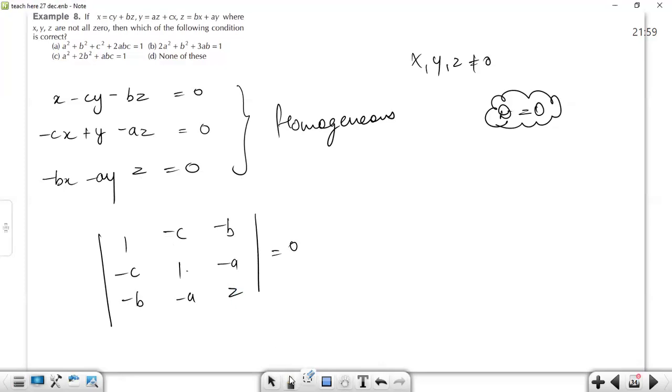Sorry, we only have to consider the coefficient of z, which is 1. So I'll just substitute some values of a, b, and c. Wait a moment, but we only have three variables on this side, so if we substitute them, how will we be able to find out?